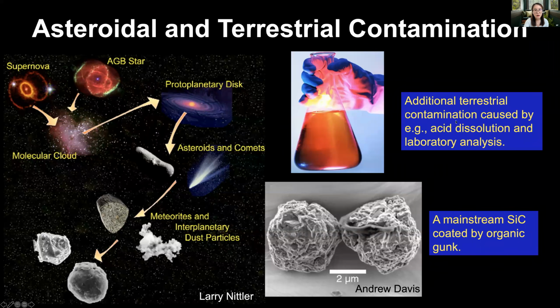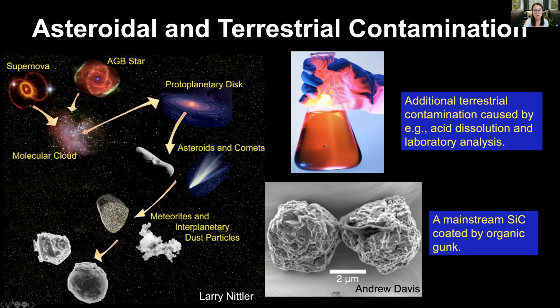Indeed, as Anne mentioned, these pre-solar silicon carbide grains were buried in their host meteorite for billions of years. Also, we have to do extensive laboratory work to extract these grains by acid dissolution, during which terrestrial contamination could have been introduced.